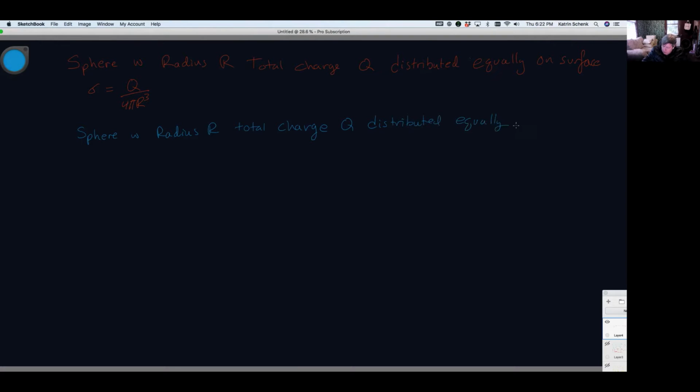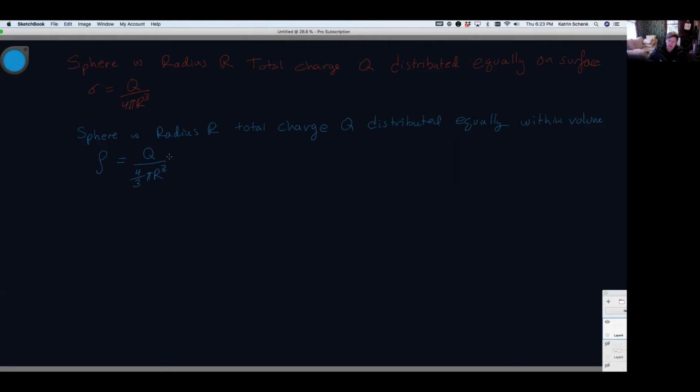That means I have a rho that is just the total charge Q over 4/3 pi R cubed, the volume of a sphere. So that's a constant charge density. All right, so we're going to calculate the potential energy in both of those configurations.